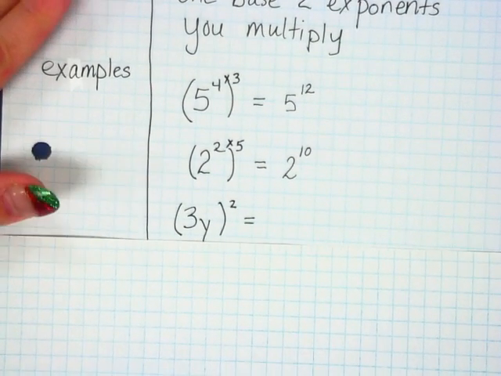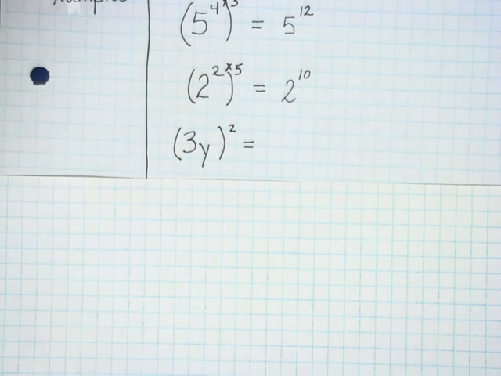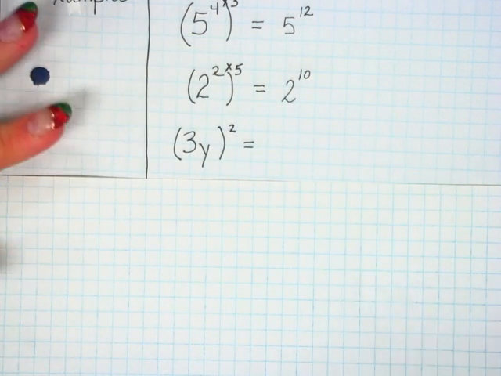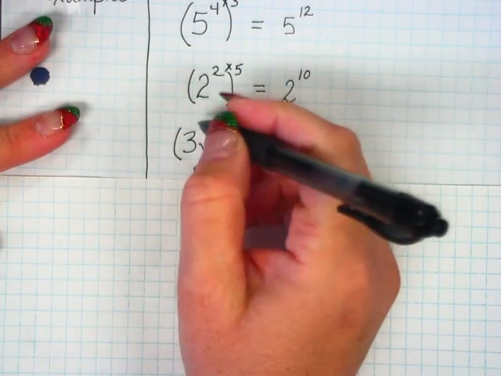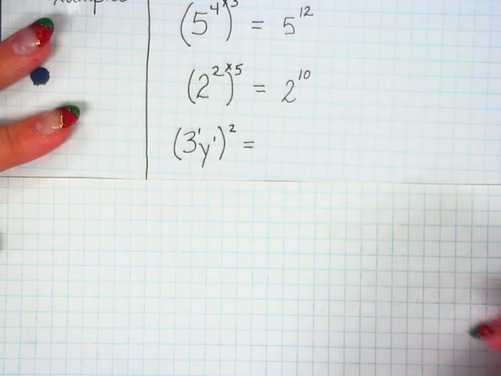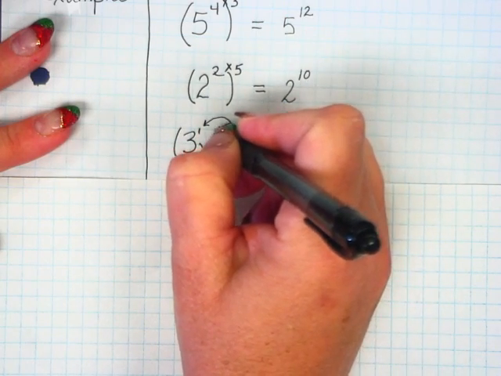Now what happens when we have more than one number or letter inside the parentheses? If it's inside the parentheses, then it needs to go to everything inside the parentheses. Remember, when there is no exponent, there's a 1 here that we just don't write. And so this is going to go here to the 3 and here to the y.